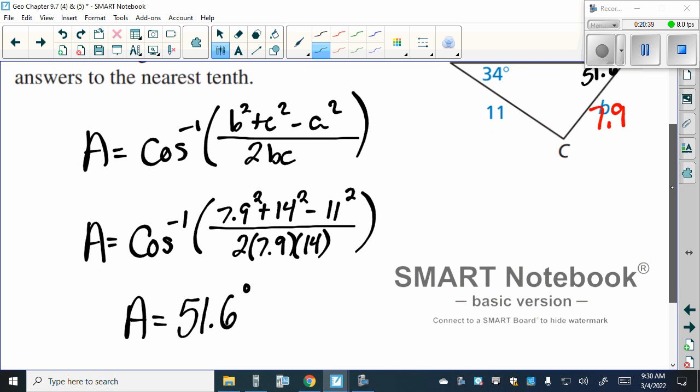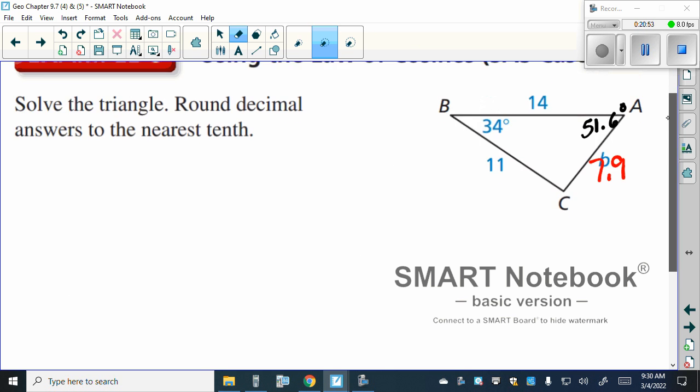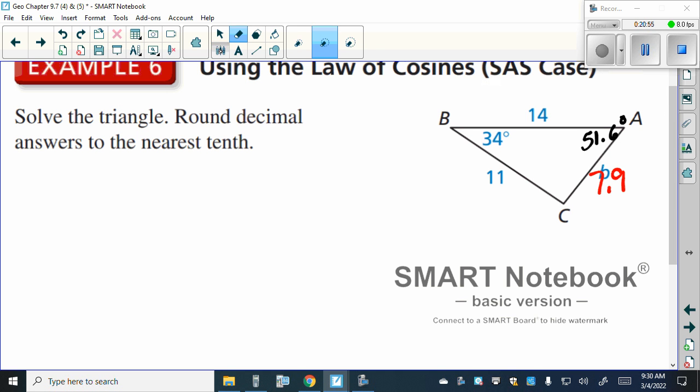Now, there's two ways we can go about it. One is just grabbing the formula that's now looking for angle C instead of A. Because what we can also do is add them together and subtract from 180. Because any three angles in a triangle add together to be 180.